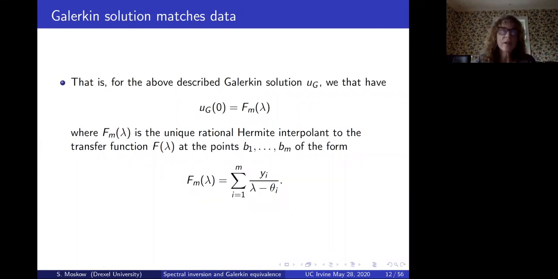And this rational function is exactly equal to the data at the given points B sub 1 through B sub m. It was constructed in this way. So it's the unique rational Hermite interpolant to the transfer function. And by Hermite interpolant, I mean it matches the data and the derivatives at these spectral points.